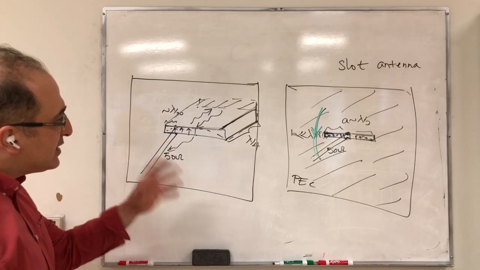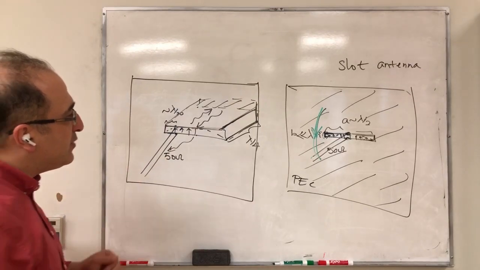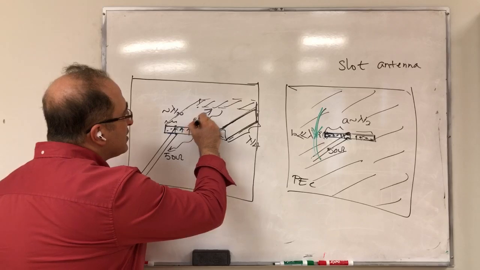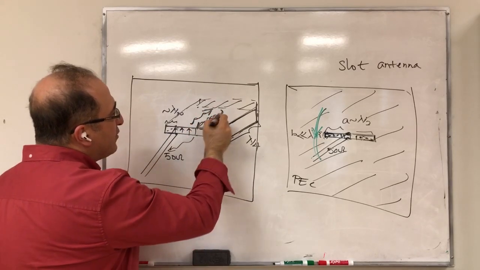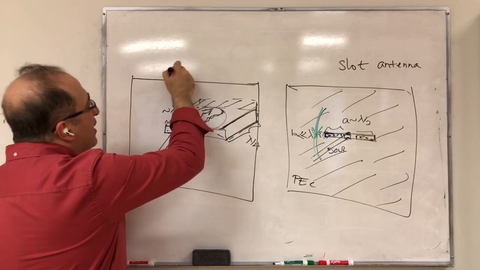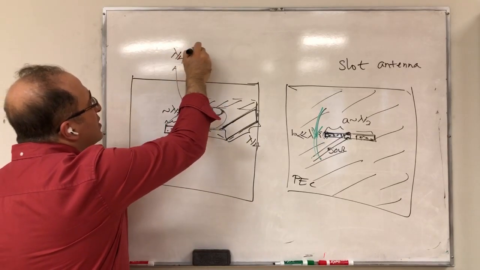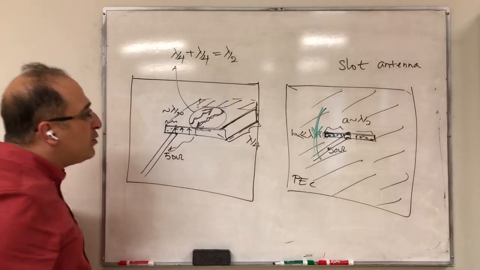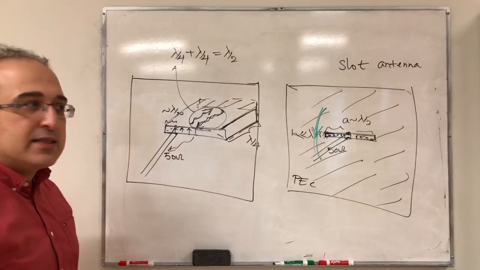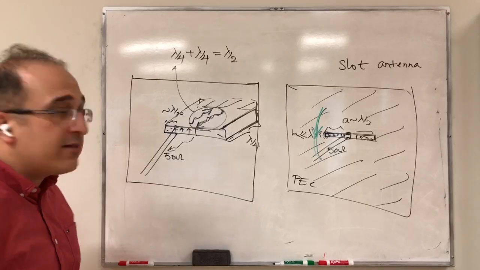To understand this lambda by 4 intuitively, if the wave goes lambda by 4, reflects back and comes back, then the wave has traveled lambda by 4 plus lambda by 4, which is lambda by 2. And we know that half a wavelength is a 180-degree phase shift.